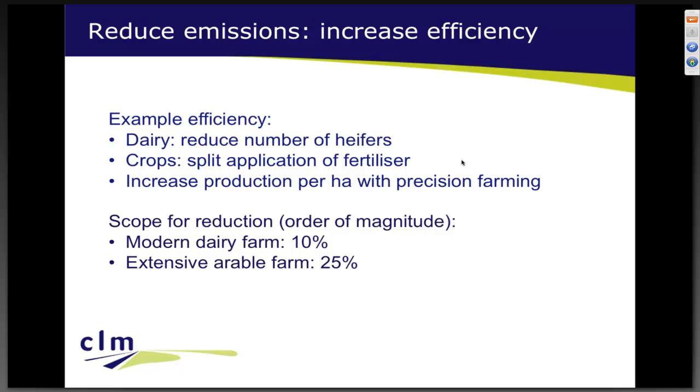It's one of the steps that we've noticed with farmers in the Netherlands who've taken first, because it's an efficiency that also saves money. In crops, for instance, splitting the application of fertilizer into two or three smaller phases, so not putting a lot of fertilizer on the land in one go, will reduce emissions. And precision farming can also help increase production per hectare, which helps per kilogram and per hectare reduce emissions.